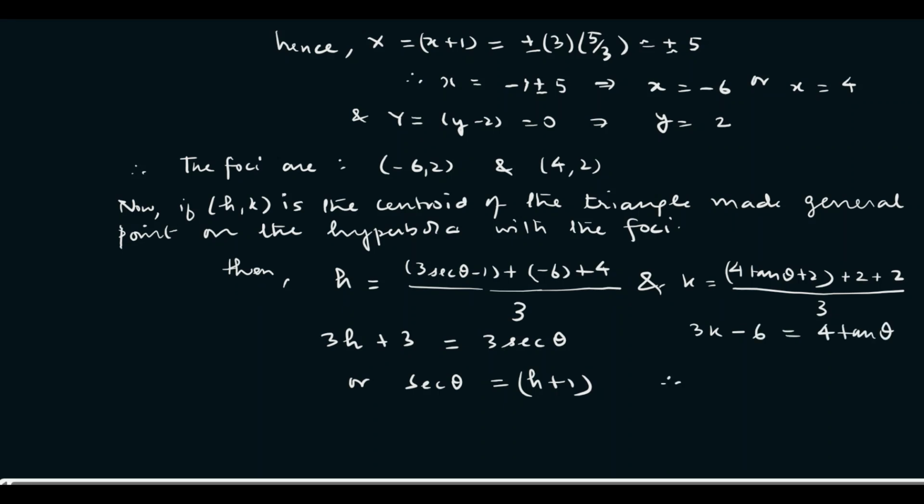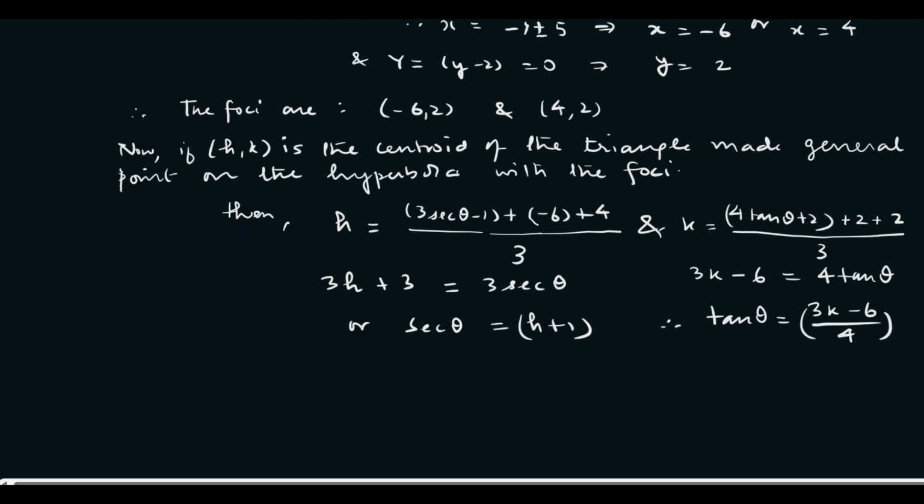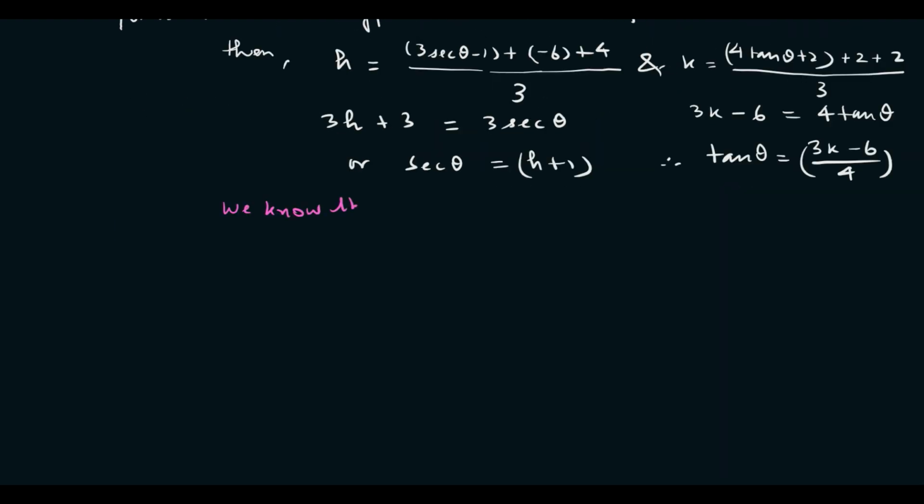So tan theta comes out as (3k minus 6) by 4. So we got the values of sec theta and tan theta. So the last step is sec square theta minus tan square theta, as we know, is equal to 1. Putting these values in this equation, you get (h plus 1) by 3 whole square minus (3k minus 6) by 4 whole square equals 1.